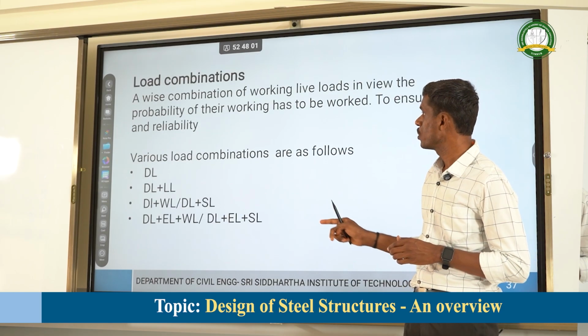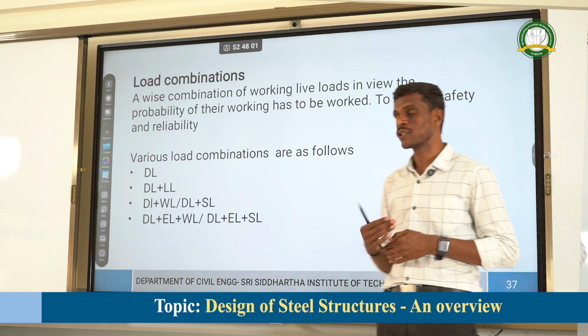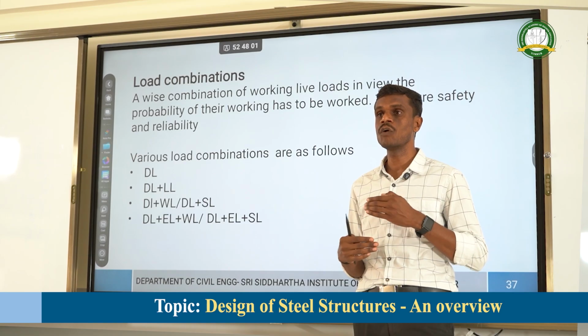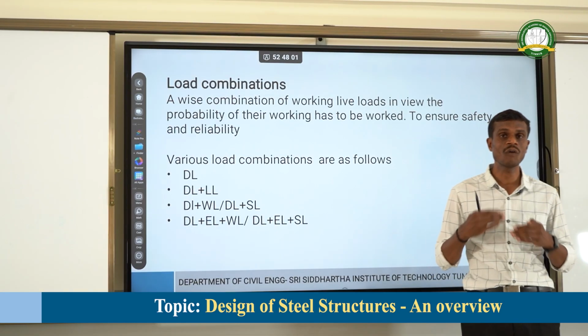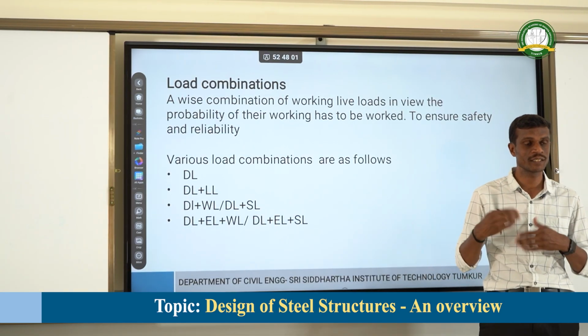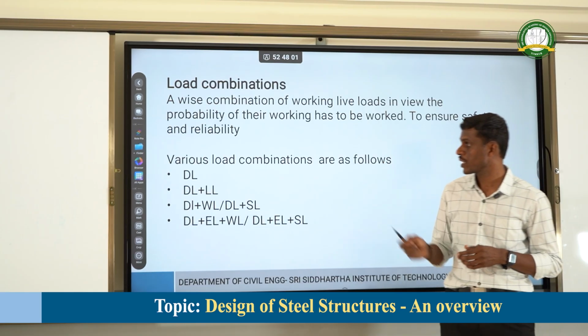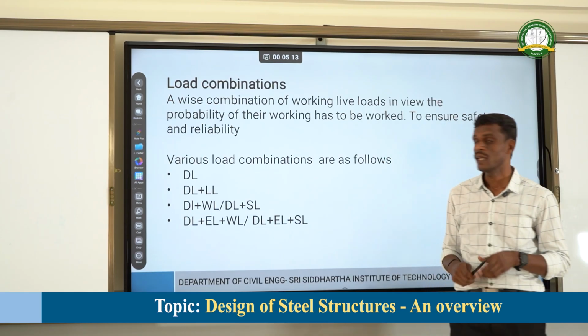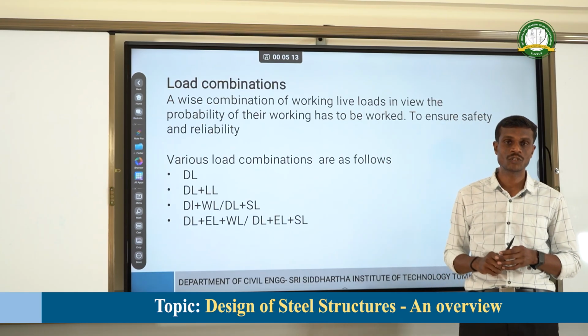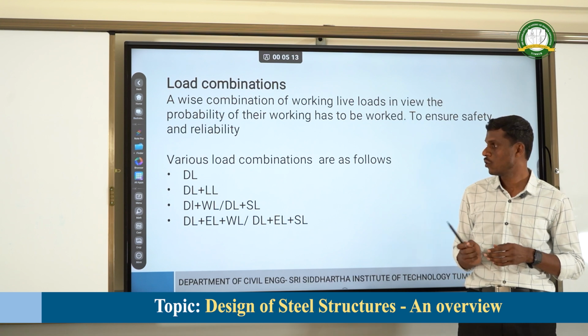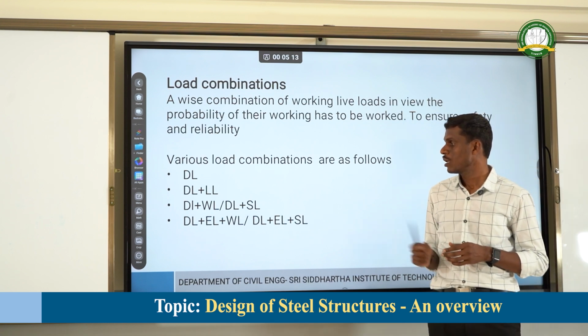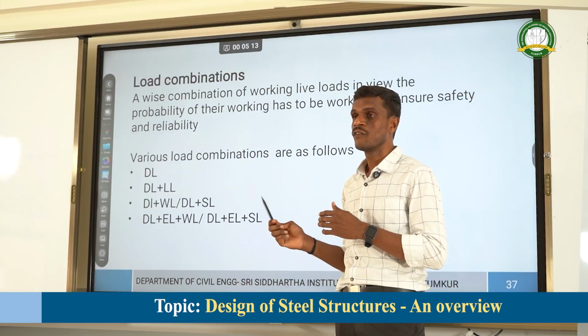So coming to the loads, we are going to combine these loads with other loads, that is, load combination. What are the various load combinations considered in the design of steel structures? Firstly, we can use dead load singly, or dead load plus imposed load. Imposed load is nothing but live load. Dead load plus live load, or dead load plus wind load.